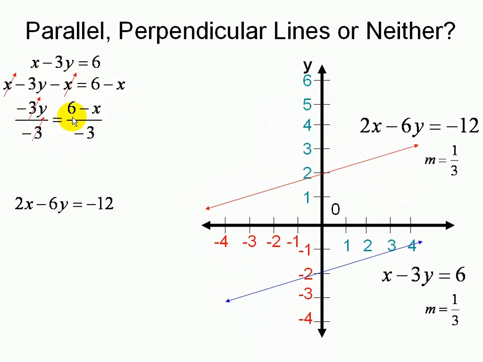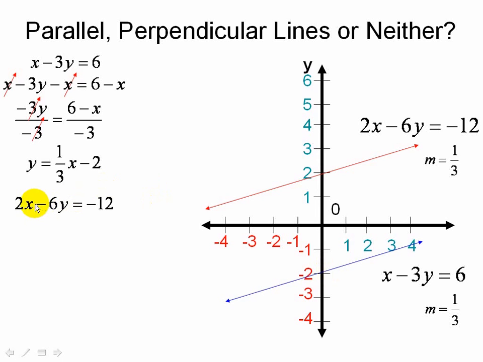We see the 3's cancel on the left, and that yields a slope-intercept form of y equals 1/3 x minus 2. So here we see the slope is 1/3 and the y-intercept is negative 2.